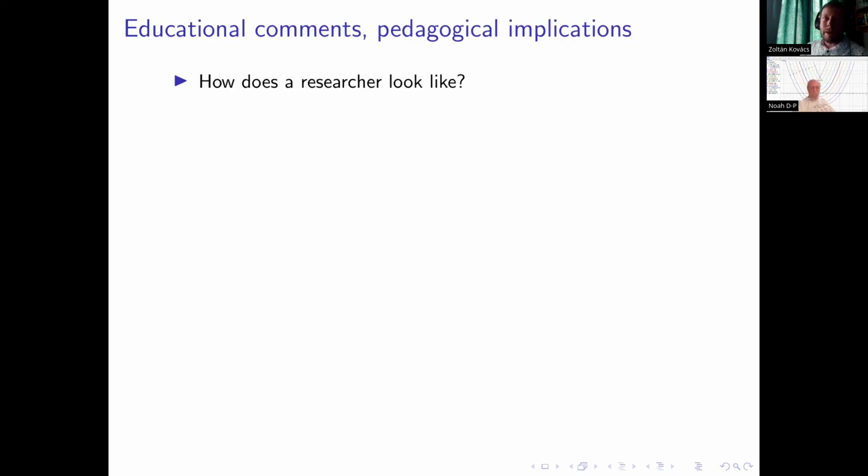Let's comment on our results from the point of view of a teacher. People or students usually don't know what researchers look like. What we are doing is actually research, even if it's not research like, yes, we only have paper and pencil and that's all. Research is exploration.